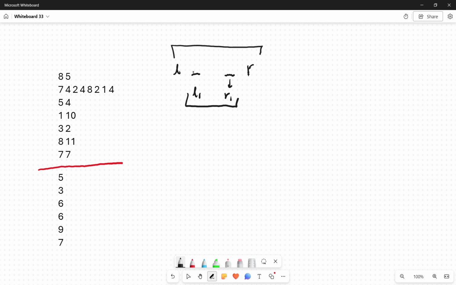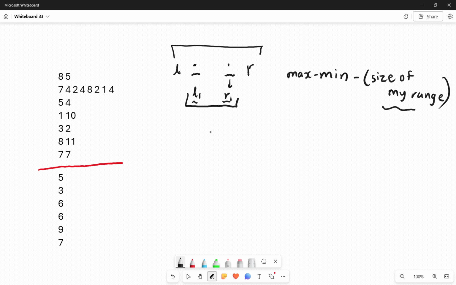I don't want the range L to R, because my maximum minus minimum is staying the same, but the size of my range is decreasing if I select L1 comma R1, having the boundaries, right? So minimum or maximum here, or maximum or minimum here.